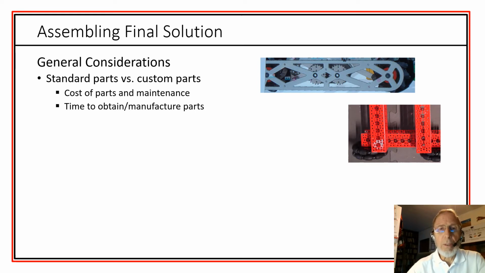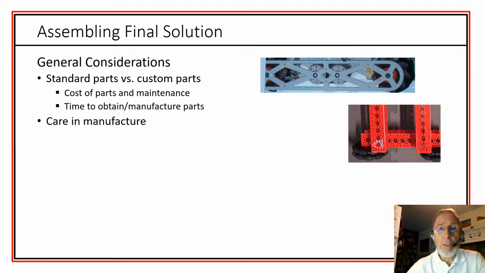As you might imagine, customized parts are going to be more expensive, maybe more difficult to maintain. It also probably will take more time to obtain or manufacture these parts or obtain replacement parts if they need to be replaced. So standard parts have some real advantages for us.